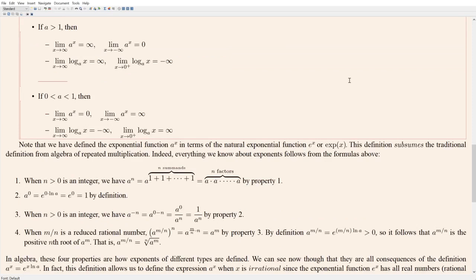So, I wanted to mention, and I have been mentioning continually throughout these last few sections, that we have been calling these functions logarithms, and we have been calling these functions exponentials, but we have never made any reference to the traditional definition of exponentiation as being repeated multiplication.